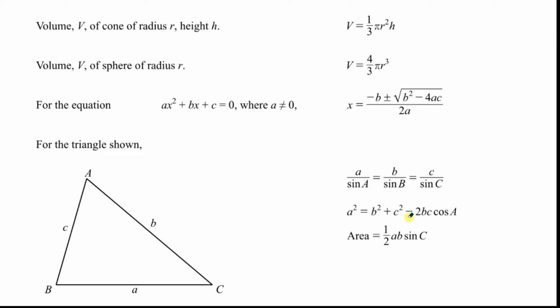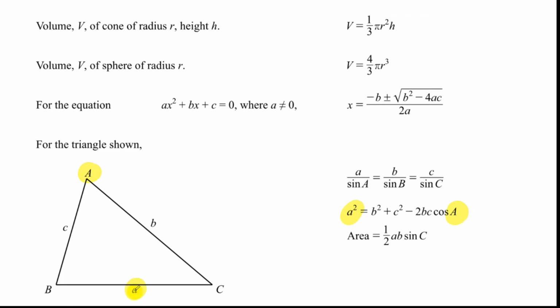For the cosine rule, the best thing is not to just memorize it, but to know how to apply it. What we'll notice is that the angle A and the side A will always be opposites.